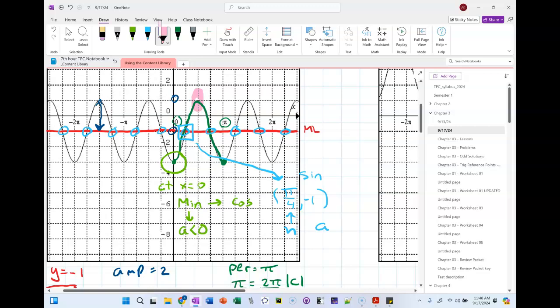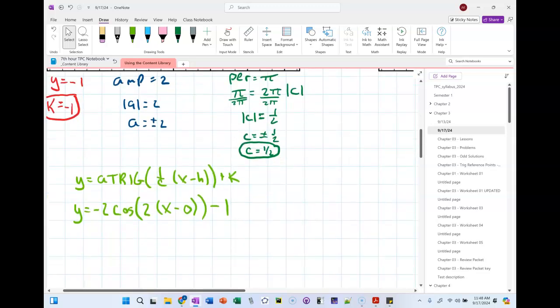The extrema after the midline point, which is a maximum, which tells us the a should be positive. So my other version, I could write y equals 2 sine of 1 over 1/2, or just the reciprocal of 1/2, x minus h, which is pi over 4, then plus k, so minus 1.